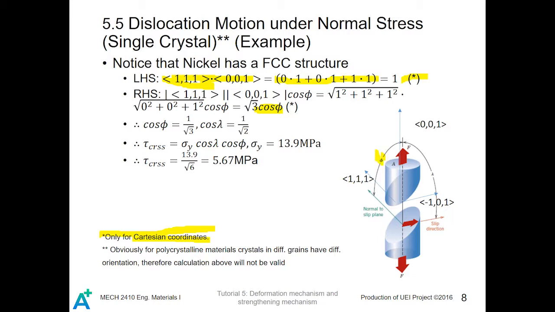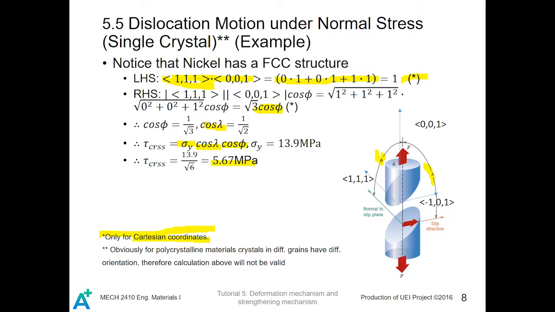We find this cosine term is equal to this value, and this cosine term stands for the angle here. We just plug in the values, as we have already been given this value and we have found this value and this value. That's why we can directly find the critical resolved shear stress, and it is quite simple.